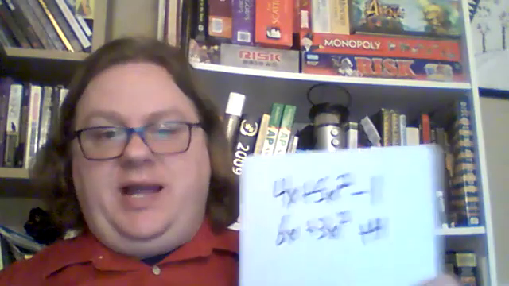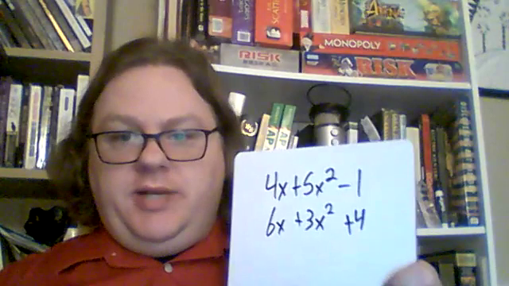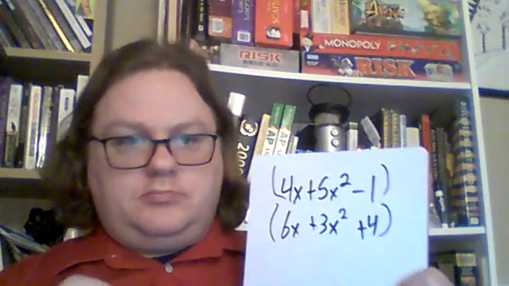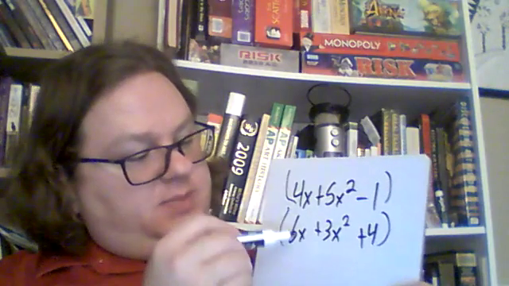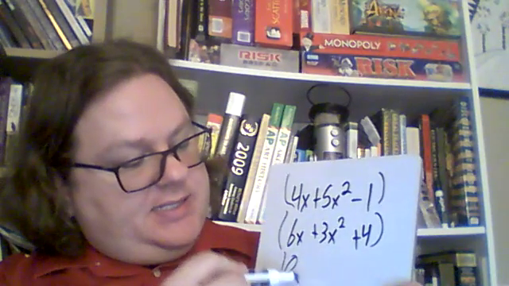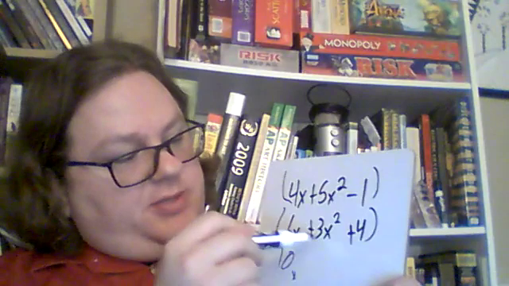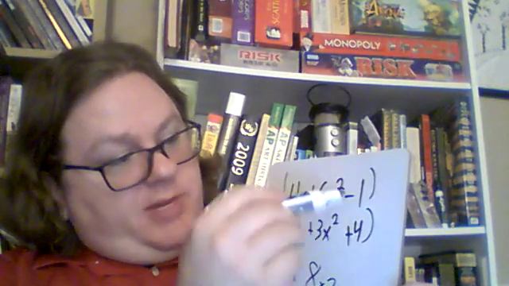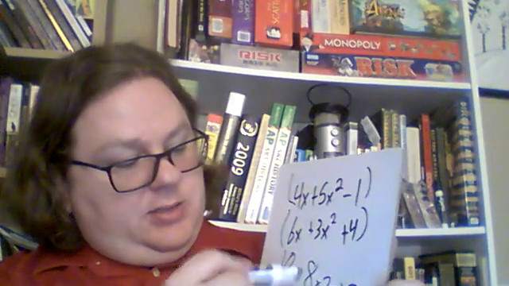Next up in this lesson, we've got adding polynomials, which we kind of did a little bit of earlier, but now we're adding this trinomial to this trinomial. Okay? So 4x plus 6x is 10x. 5x squared plus 3x squared is 8x squared. 1 minus 1 and plus 4, that's just 4 minus 1, is 3.